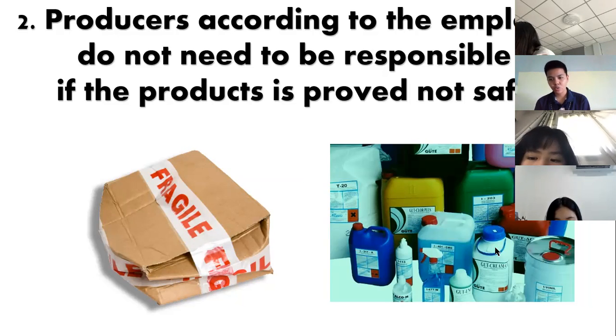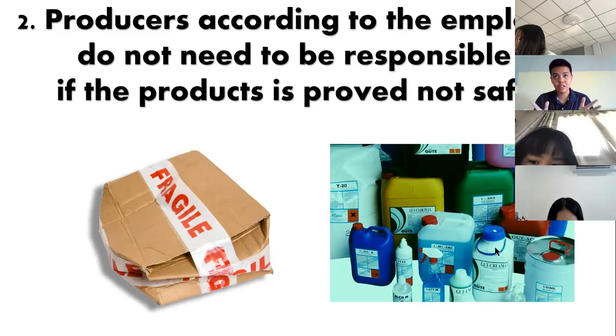Or let's say Haruka ordered lotion, and that lotion gave her allergies, made her very, very sick. So the producer is not going to be responsible for that. If they talk with the employer or the owner of the shop already, the producer is not going to be responsible for that. Okay?